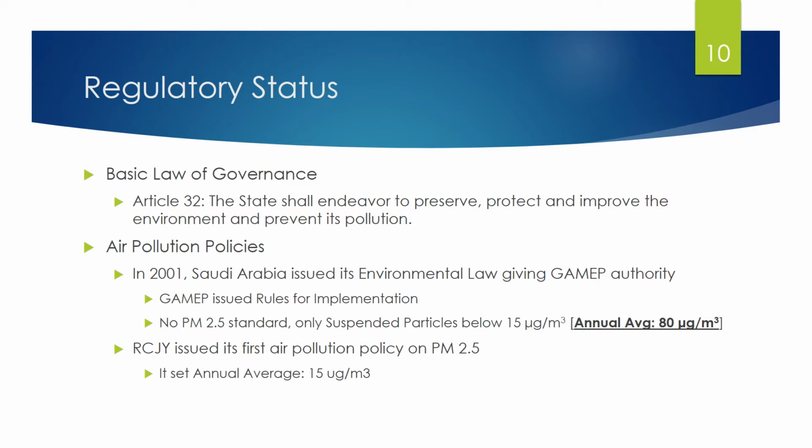However, there hasn't been a specific PM2.5 standard. Generally speaking, they only had a standard for suspended particles below 15 micrometers, which includes PM2.5. The standard that was set had an annual average of 80 micrograms per cubic meter, and this is inclusive of PM10 and PM2.5.